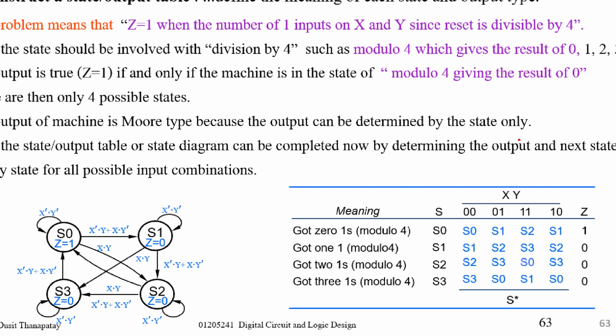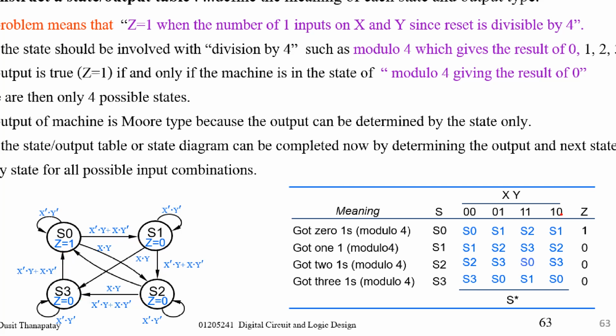And if input is 0,1 or 1,0, we go to the next step: S0 to S1, S1 to S2, S2 to S3, and S3 to S0.